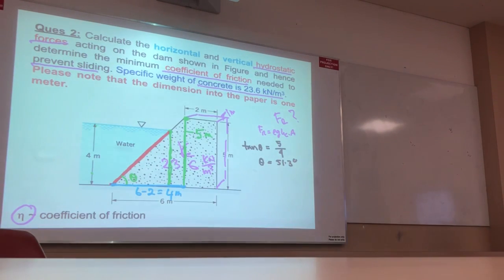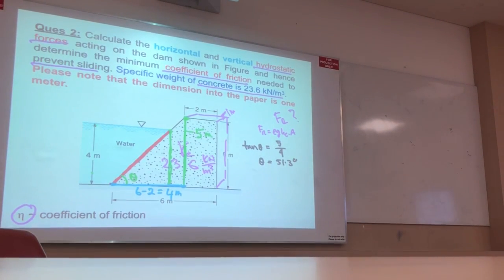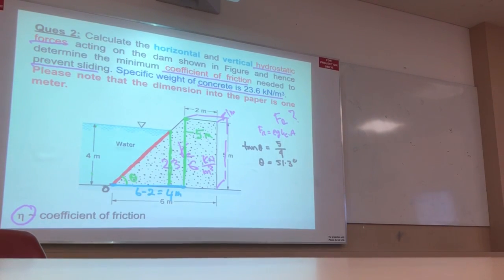So I can see the distance from here to here. I assume this is O, this is B. So I can write, the distance from here to here is 4, right? So 4 by OB is equivalent to sine 51.3 degree.